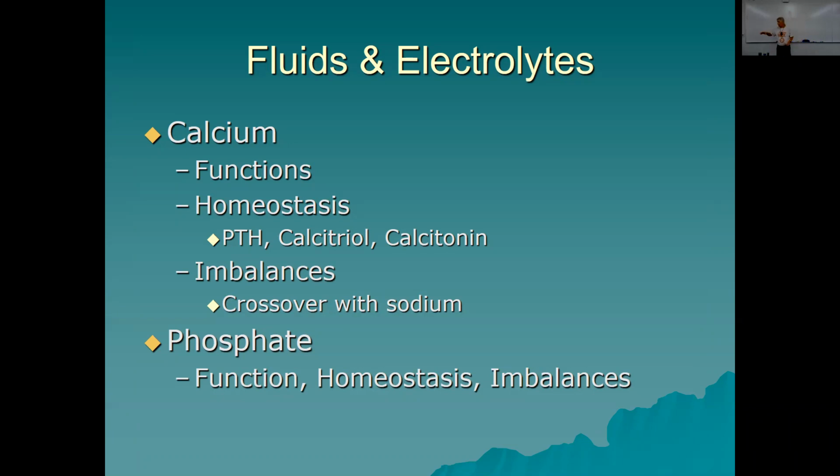Its homeostasis is controlled by parathyroid hormone, calcitriol, which is vitamin D, and calcitonin, which is made by the thyroid gland. PTH raises blood calcium, so does calcitriol. Calcitonin lowers blood calcium.